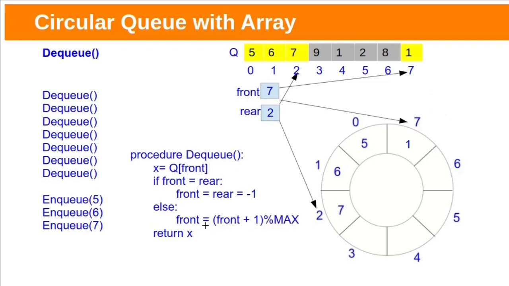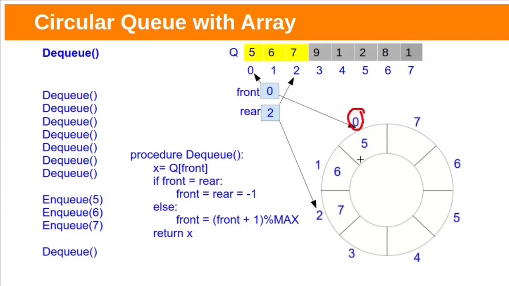We need to change it like this: front equals (front plus 1) modulo array size. With this increment condition, if we DQ one item, front 7 plus 1 is 8, and 8 mod 8 is 0. So now front will be at index 0.